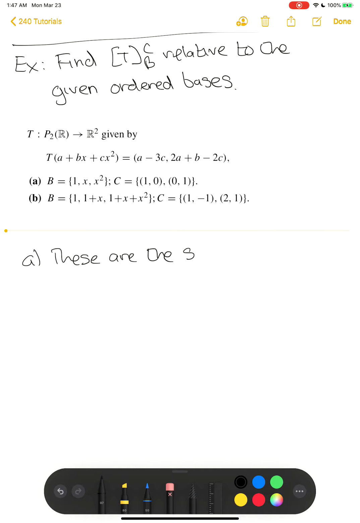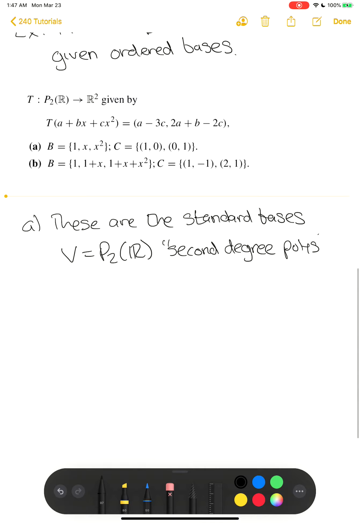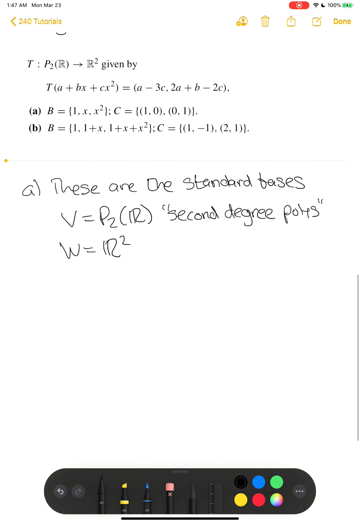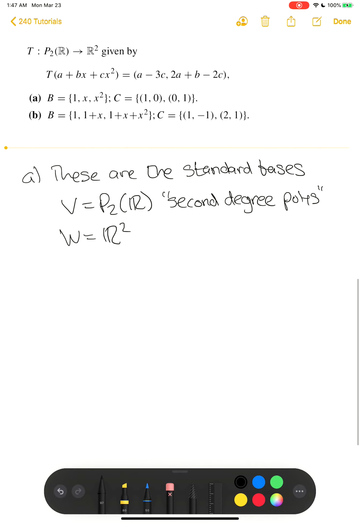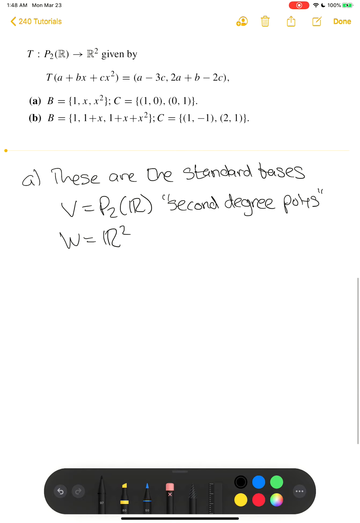So our vector space V is the second degree polynomials, so these are polynomials of degree 2 or less. And then W is just going to be R2. So you'll notice that the basis they give us, B, is the standard basis for second degree polynomials, and the basis they give us, C, for W is just the standard basis vectors for the coordinate plane.